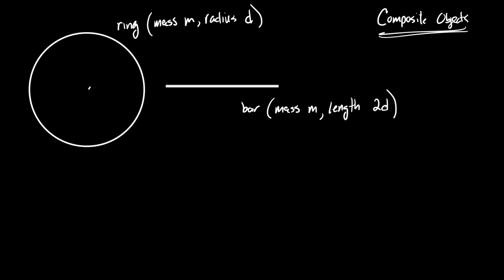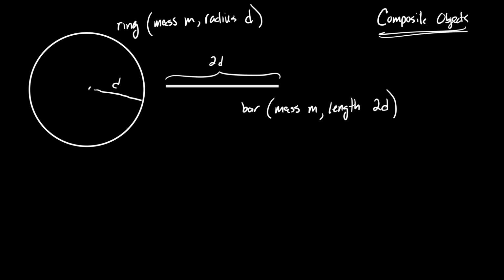So I'm not trying to trick you. The ring has a radius of D, but the bar has a length of twice the radius, so the bar is one diameter. Does that make sense? You guys following along with what I'm trying to indicate?